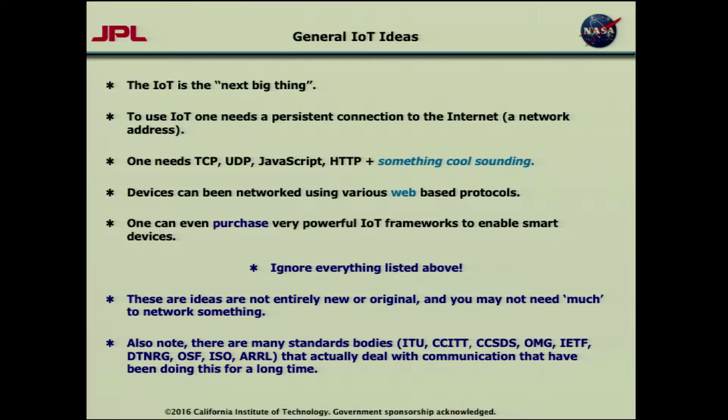It may not have power. You may not even be able to talk to it. It might just have an RFID patch on it, maybe with a temperature sensor. So you may not need much to talk to something that you're trying to observe.